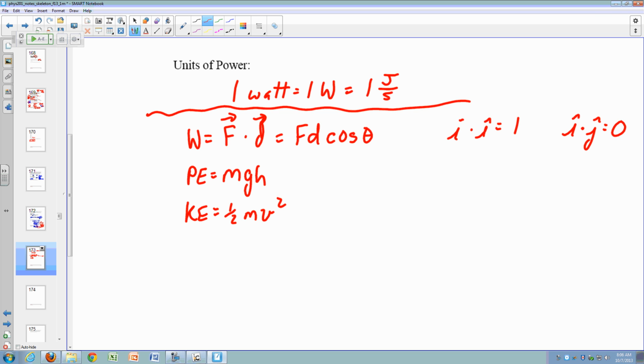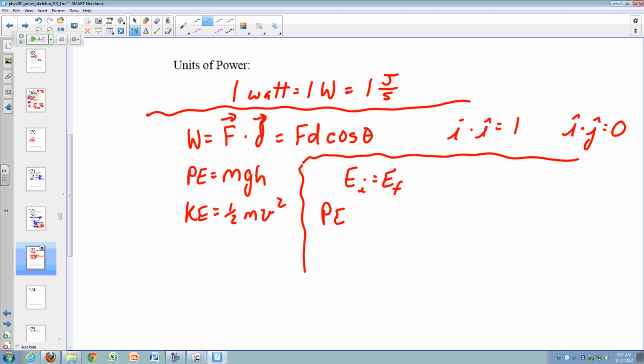The conservation of energy just says that the initial energy equals the final energy. When we're talking about conservative forces, this just means that our potential energy plus our kinetic energy in the initial state equals our potential energy plus our kinetic energy in the final state.